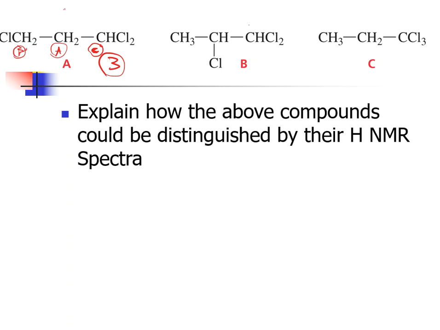So just like before, ding dong, ding dong, ding dong, we see 3 signals that are all separate. Because of that, it's not really going to make any difference compared to the A molecule, because we're still going to get 3 signals. So I'm not going to be able to use that at first glance to determine the difference between A and B. We've got to go a little bit further with these.